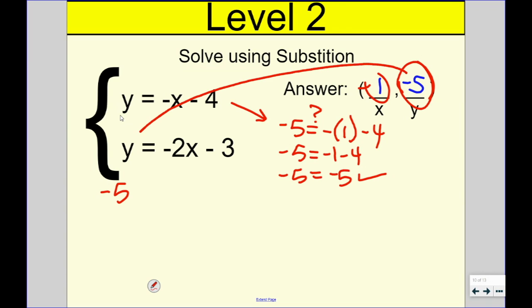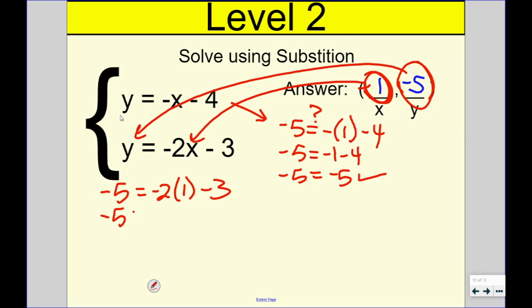We're going to put it into this one right here, and we're going to put our 1 into this x right here. So -5 equals -2 times 1, which is -2, minus 3. Is -5 equal to -2 minus 3, which is -5?